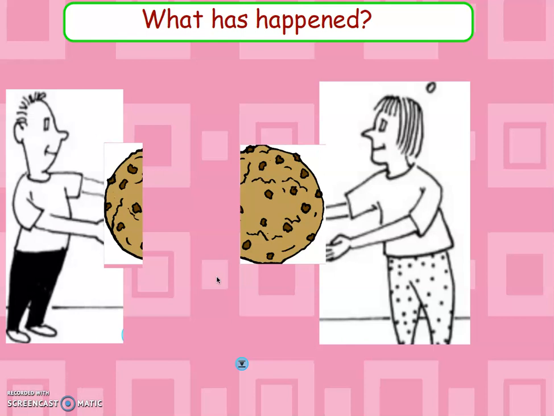Now, this is the way I shared the cookie with my mummy. What has happened to my cookie? Does it look the same? Has my mummy got the same piece of cookie just like mine? Has she got the equal piece?